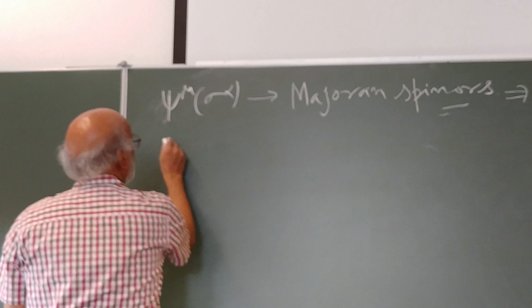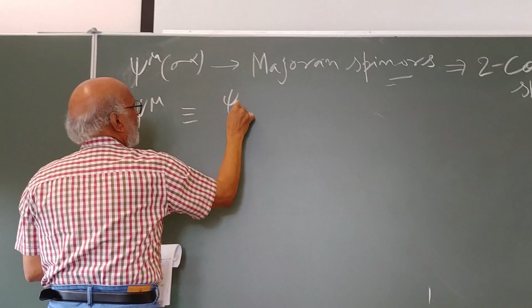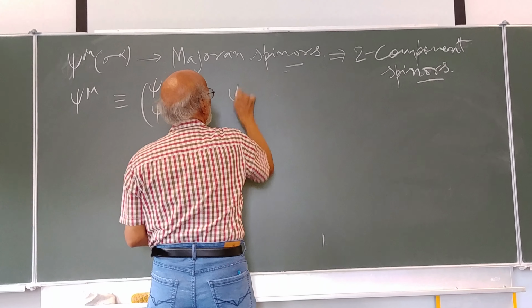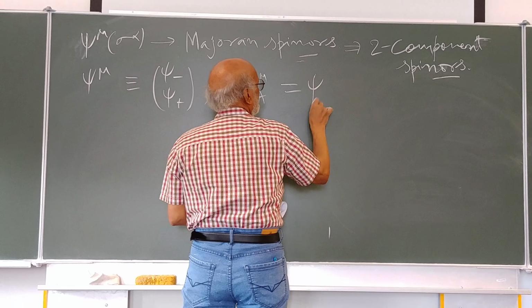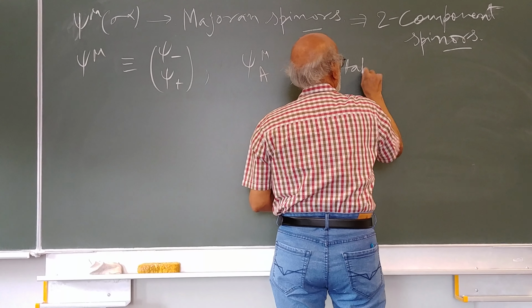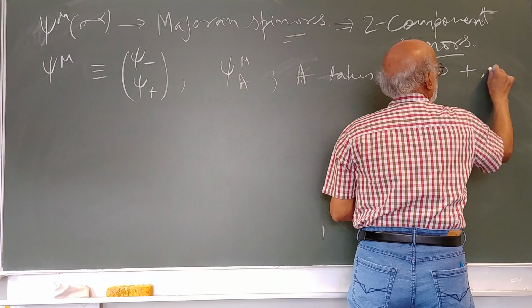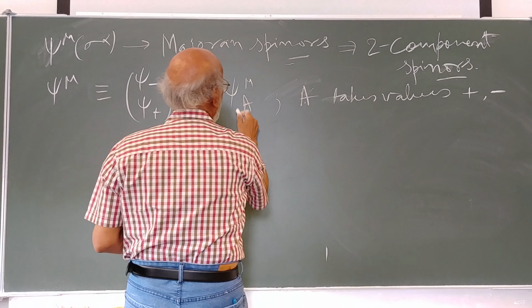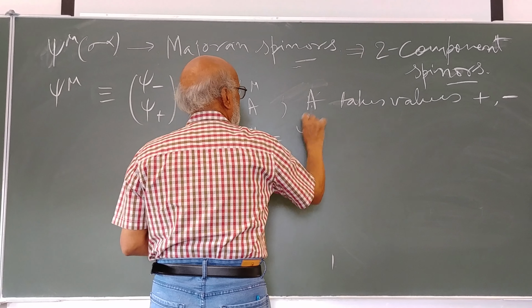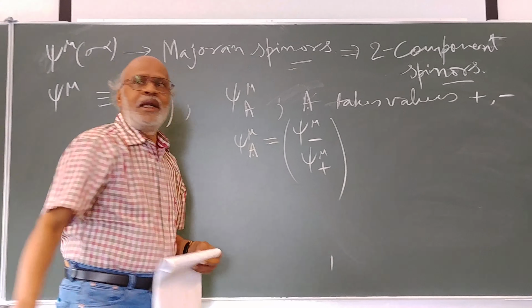Now, if it's a Majorana spinor, if I drop the sigma alpha for the time being, I can denote it by its components, psi mu A, where A takes values plus and minus. So I have psi mu minus and psi mu plus.